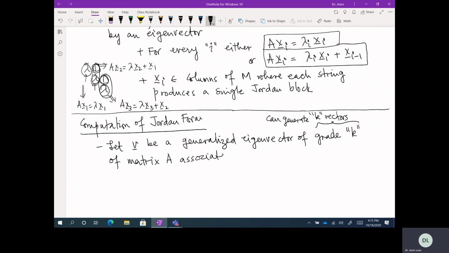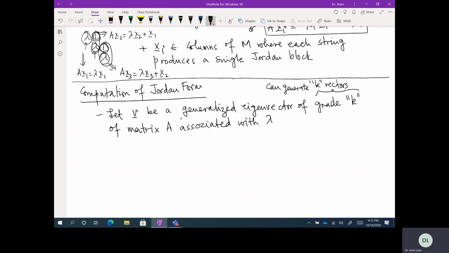So let v be a generalized eigenvector of grade k of matrix A associated with lambda. This is possible if and only if (A minus lambda I) raised to the power k times v equals 0.